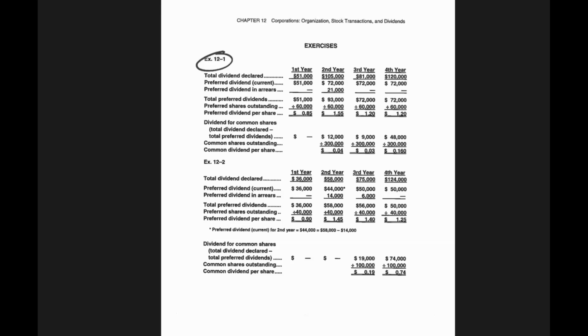You take on your calculator 60,000 shares times 60, and then that amount times 0.02, the 2%. That should calculate to 72 grand. During its first 4 years of operations, the following amounts were distributed as dividends: first year, 51, year 2, 105, third, 81, and fourth, 120.